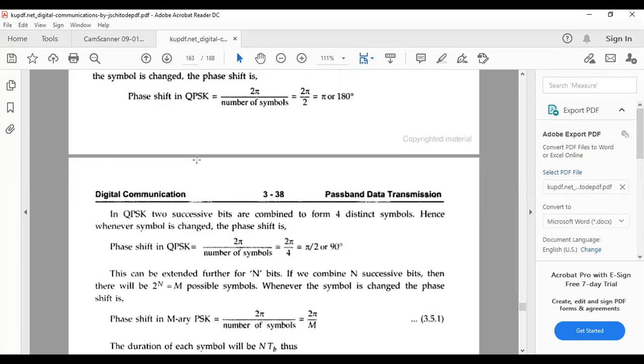In the QPSK signal, observe here, we are combining 2 bits. In each group, we have 2 bits. So 2 successive bits are combined to form 4 different symbols.